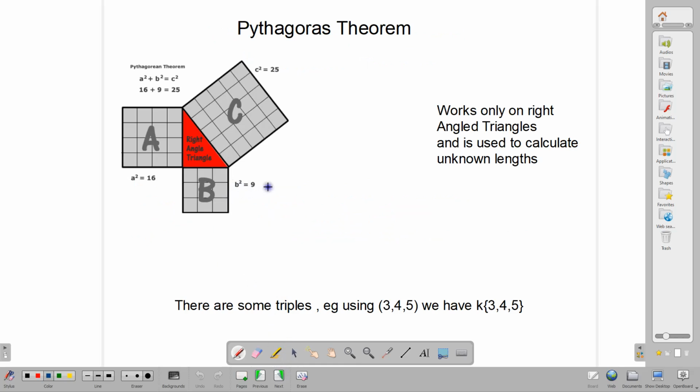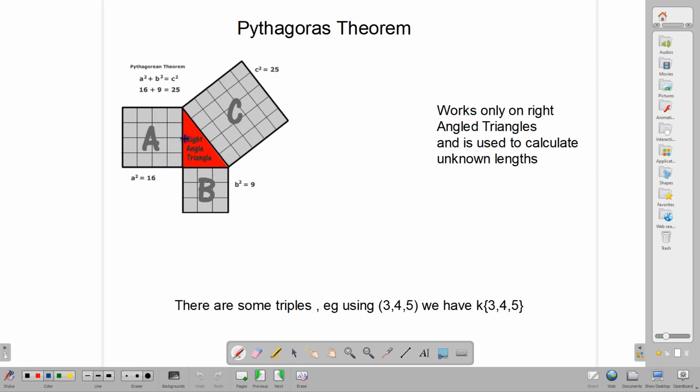Now, what exactly is it? It is an idea that has been around for a really long time, as far back as the ancient Egyptians who built the pyramids. Essentially, what we do here is take three squares and play around with them to form a right-angled triangle.